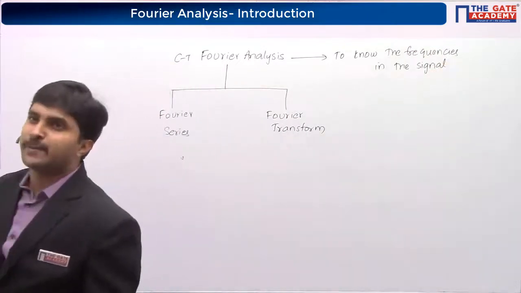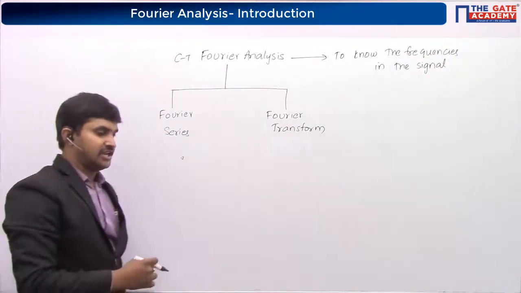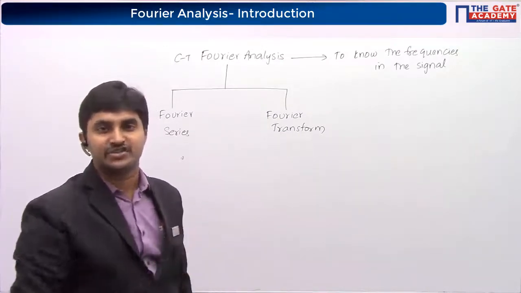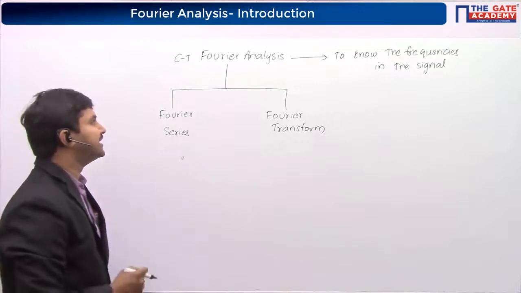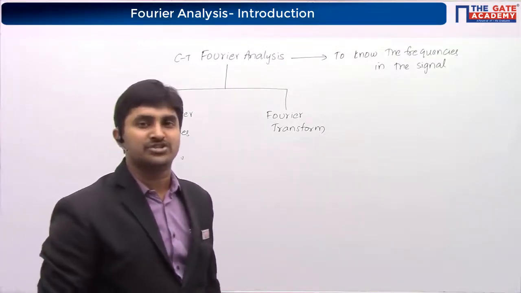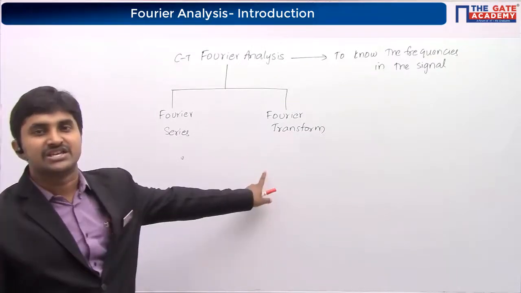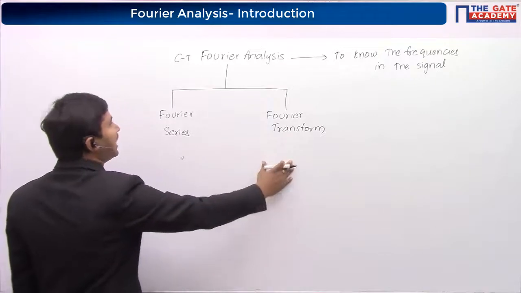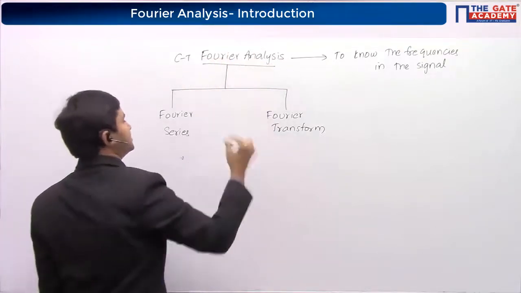So the purpose of this particular tool, the Fourier analysis, is to do a very simple job: to know the frequencies which are present in a particular signal. But depending on the signal, we will have two approaches. One is Fourier series, the other is Fourier transform. These are two transformational tools under the same name of Fourier analysis.